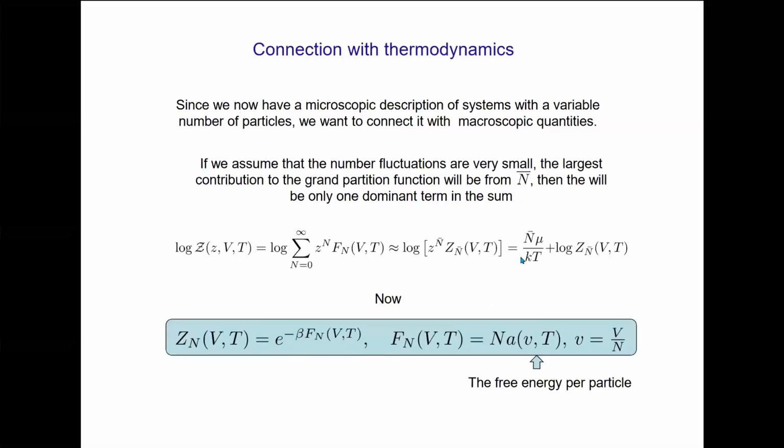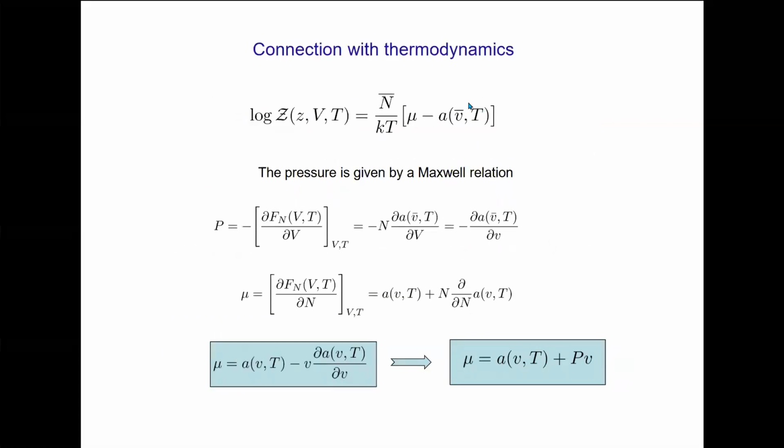This is this term. And the second term will be minus beta F_N, and for F_N, we substitute this expression. This is the second term, the average free energy per particle, depending on the average volume per particle in the system.